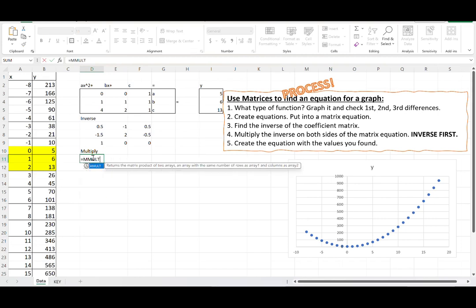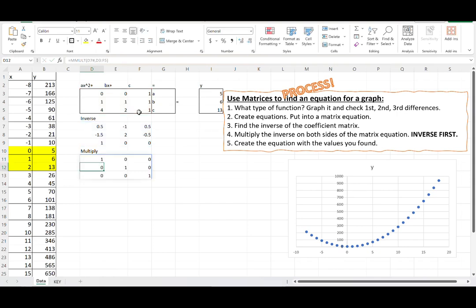I call it MMULT. So whichever array you put in first is the one that gets multiplied first. So that's why we have to do inverse first. Okay, comma, and then our second array on the left-hand side is going to be our coefficient matrix. And this is where we should get the identity. Fingers crossed. There it is.